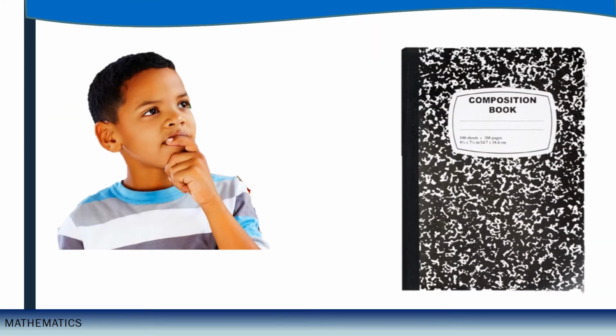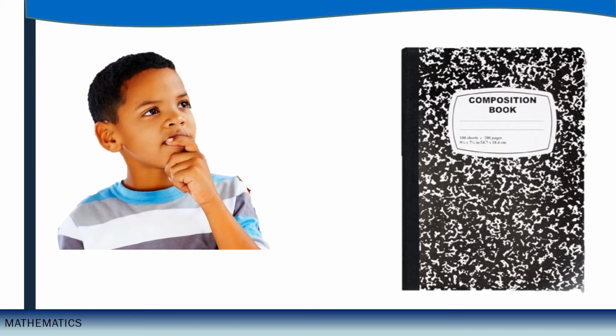The second activity I have for you, boys and girls, is how Jaden measured the length of his hardcover notebook. Jaden used paper clips to measure the length of his hardcover notebook. But before he did so, he made an estimate. Jaden estimated how many paper clips long his hardcover book would be. Boys and girls, do you know what it means to estimate?